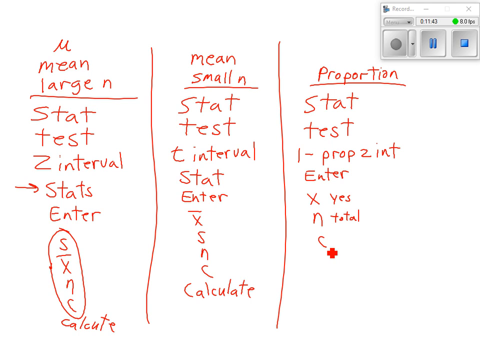Remember, with some of these, some things that you need to know how to do, if they're just asking you to find the percent or the proportion, then it's always X divided by N. If they're just asking you to find like a proportion.